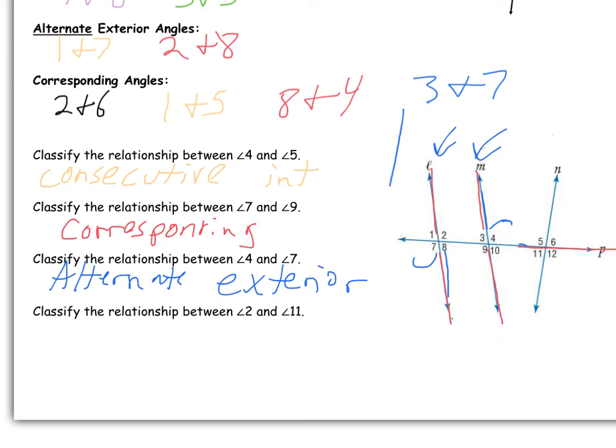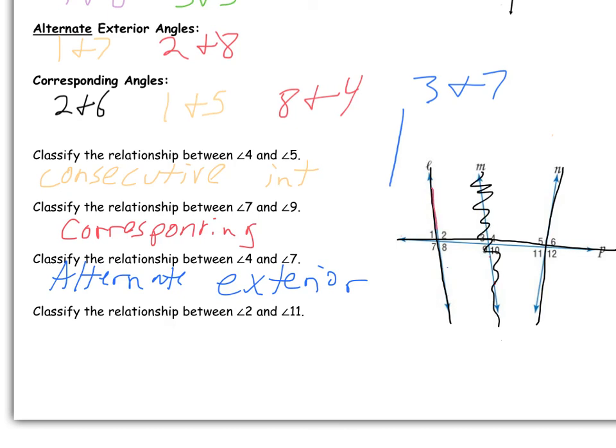And then the last one in our notes today, we're looking at classify the relationship between angle 2 and angle 11. This is the one I was thinking about when I said it's a little bit more difficult. We've got our transversal, we've got angle 2 and angle 11. That means this line, we don't even have to pay any attention to it.